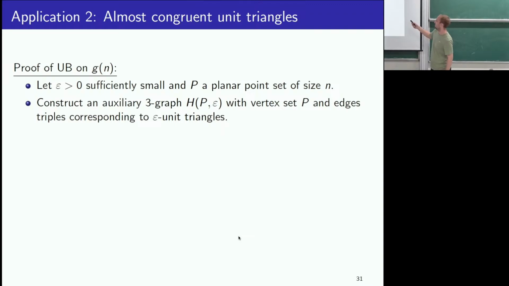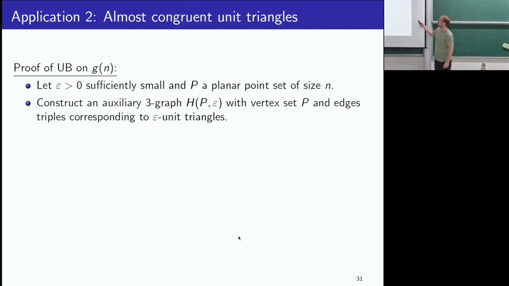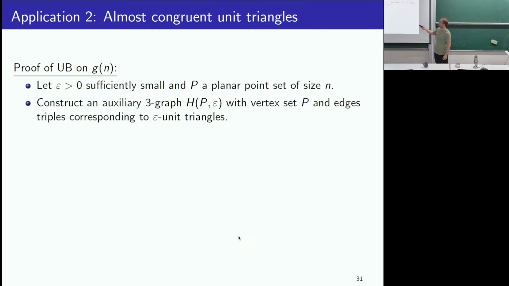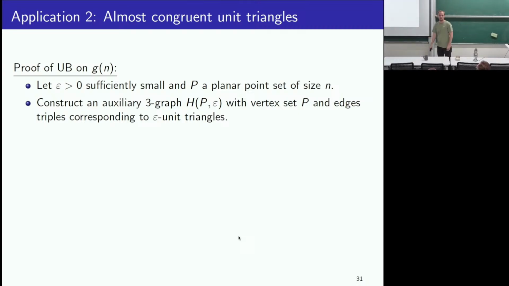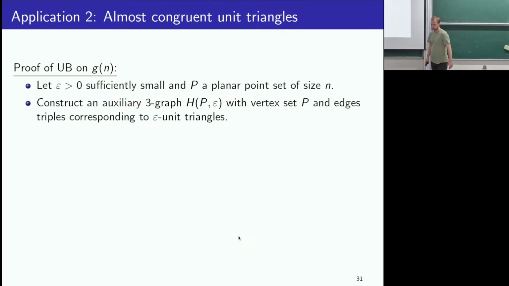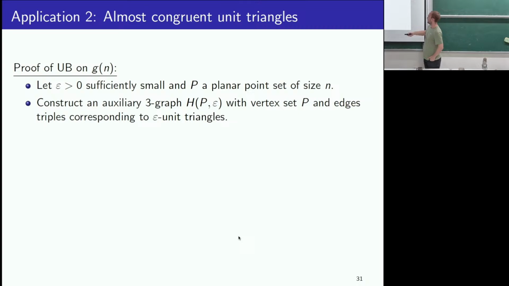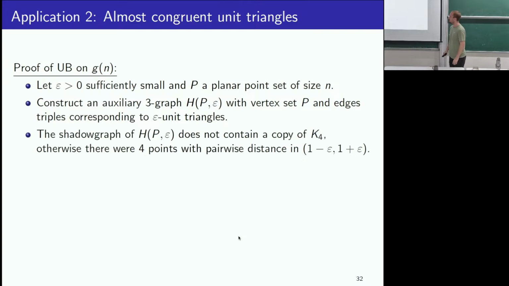The vertex set is the point set, and now edges of the 3-graph are going to be those triples which correspond to epsilon-unit triangles. So this auxiliary 3-graph depends on the epsilon. It gets more edges if the epsilon is larger and fewer if it is smaller. And the number of edges in this auxiliary 3-graph is precisely the number of epsilon triangles which you want to count. So we can now just count edges in the 3-graph.